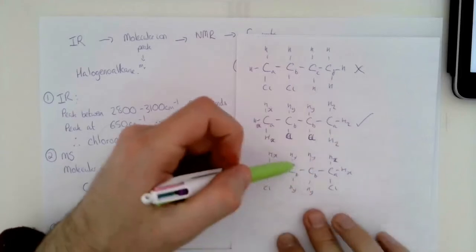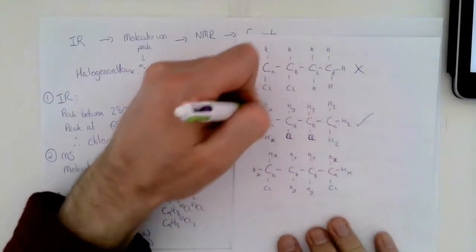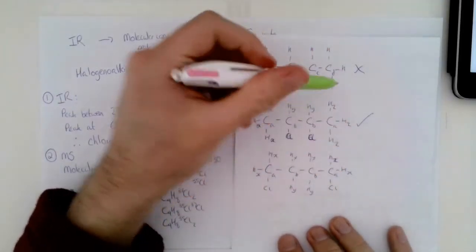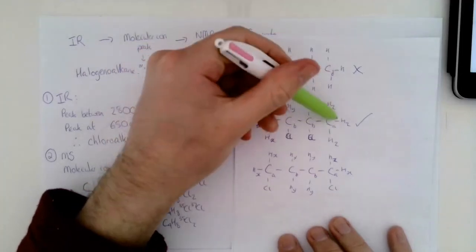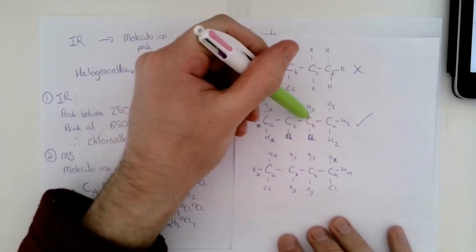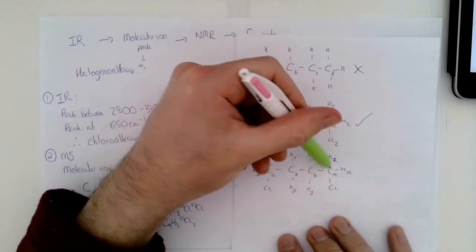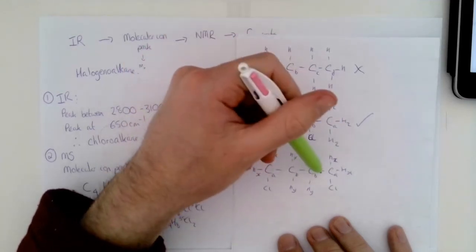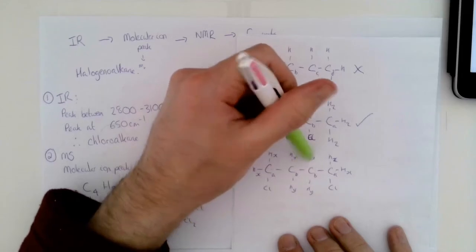So in this spectrum, we would have 2 carbon environments, 2 different peaks, both the same height. In this, 2 different carbon environments, 2 different peaks, both the same height.